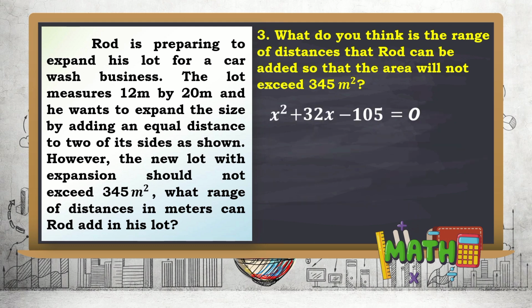Then solve the quadratic equation by factoring. The factors are the quantity x plus 35 times the quantity x minus 3 equal to 0.